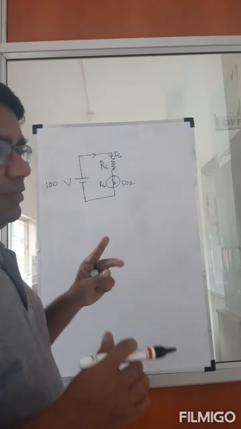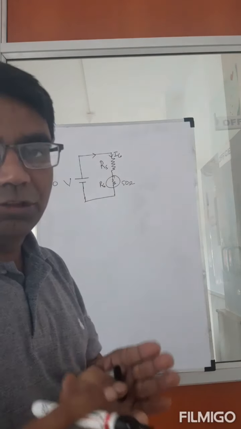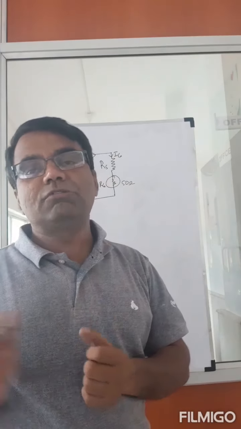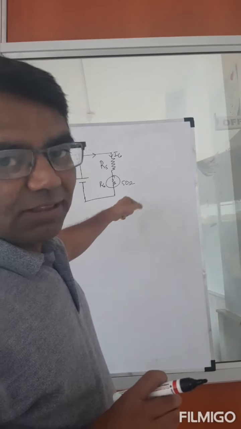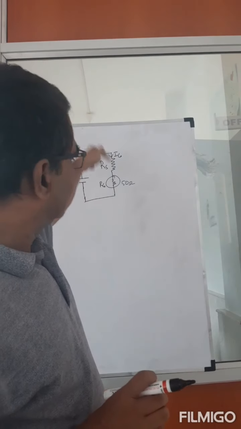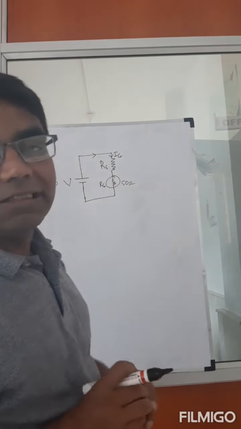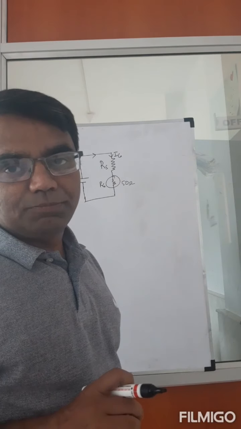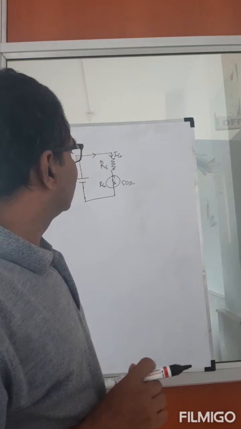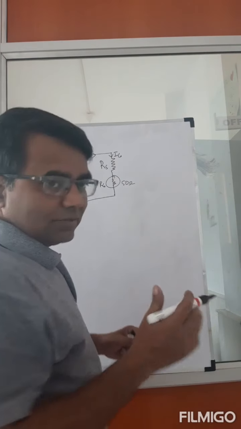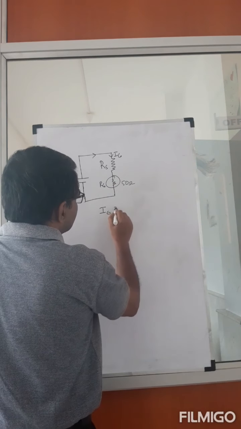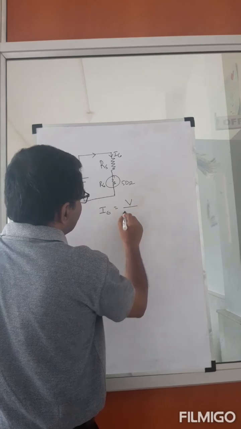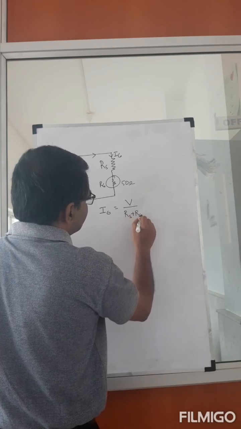Say 100 volts is the maximum voltage that you want to measure, so you want to create a voltmeter with a range of 0 to 100 volts. Then when 100 volts is connected here, 20 microamperes should flow through this galvanometer. So what will happen is this: current Ig is equal to V divided by Rs plus Rg.